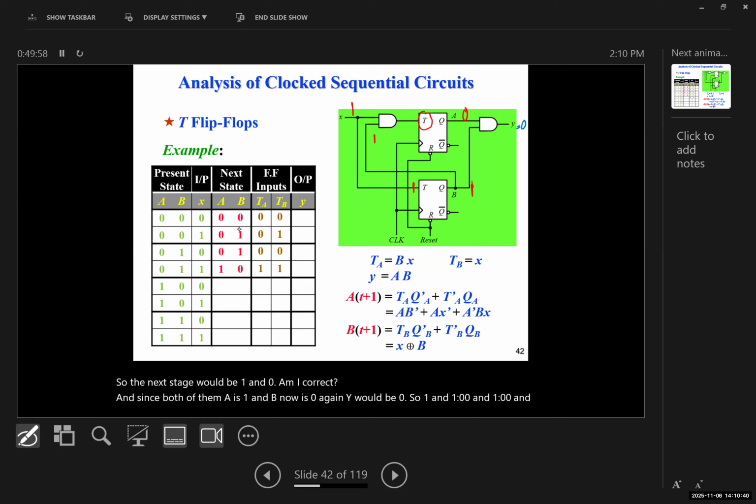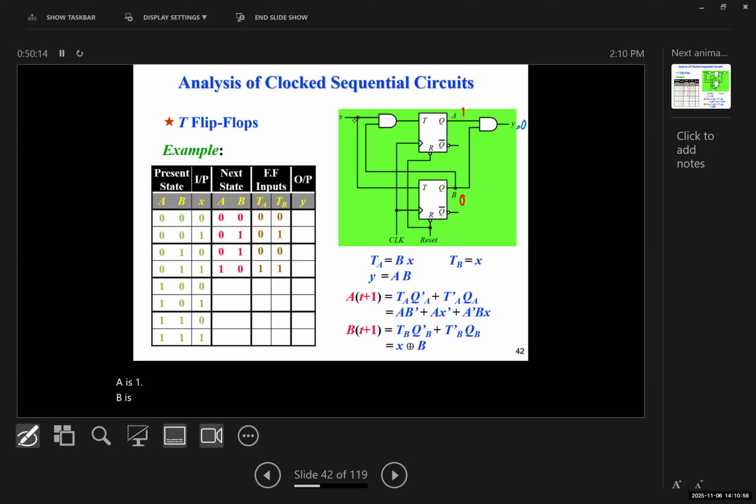Now, what about the next row? 1, 0, and 0. So A is 1, B is 0, and X is 0. So 0 multiplied by anything gives us 0, and this 0 is again 0.